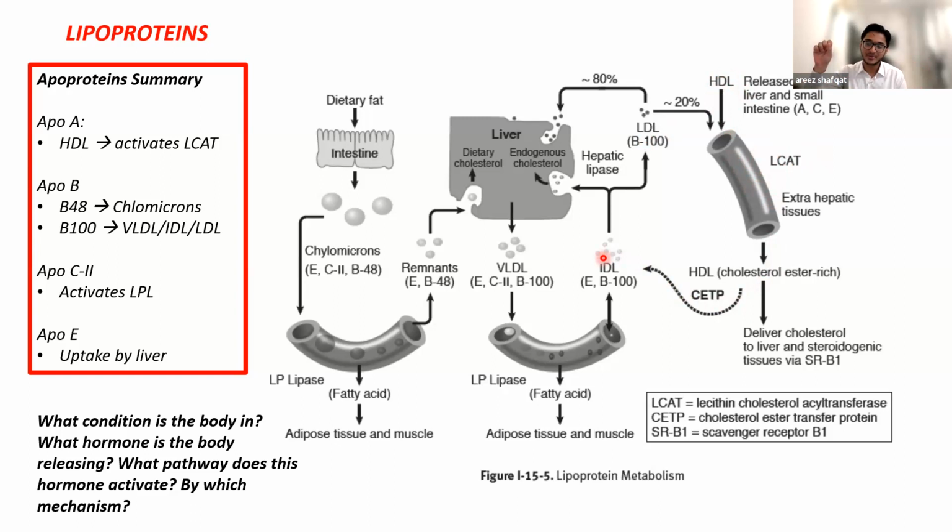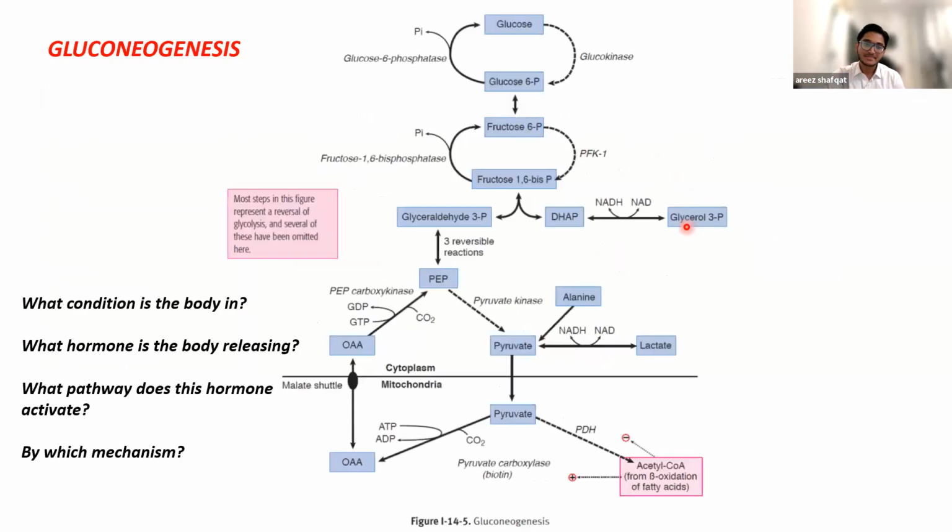It picks up cholesterol from the periphery because of an enzyme called LCAT, which is activated by ApoA. And this allows HDL to take cholesterol back to the liver. So LDL takes cholesterol to the periphery, HDL brings it back to the liver. Okay. I'm going through these pathways because we'll tie them up together at the end, and I want that to make sense, okay?